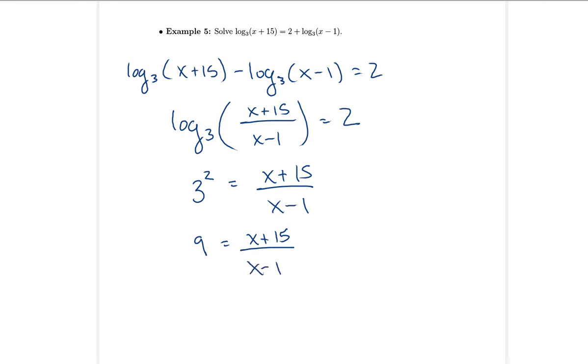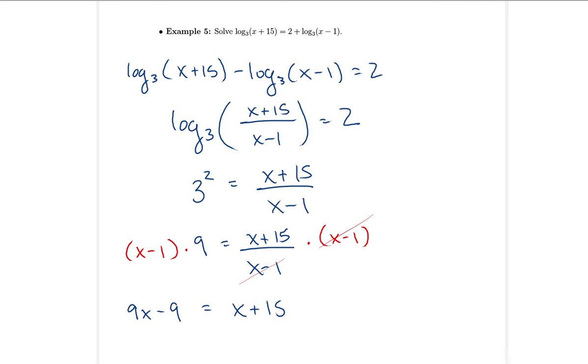Right, and then just like in that previous problem where we had subtraction of logarithms, we'll clear that fraction out. So 9x minus 9 is equal to x plus 15.